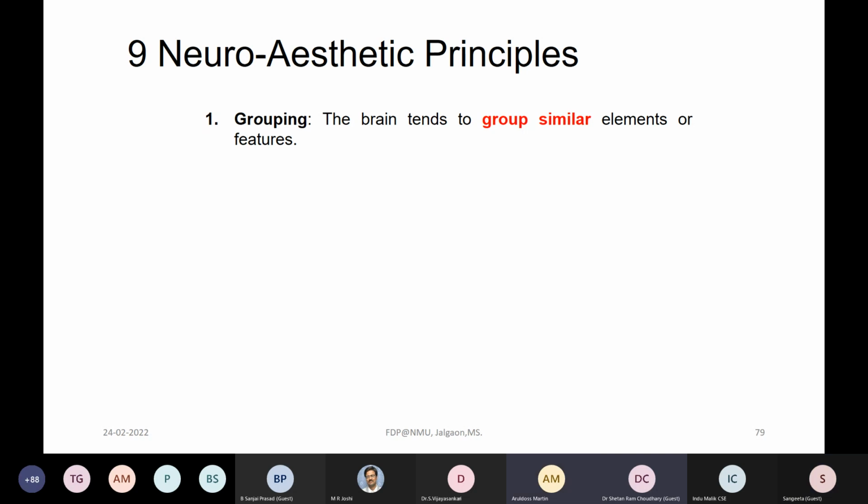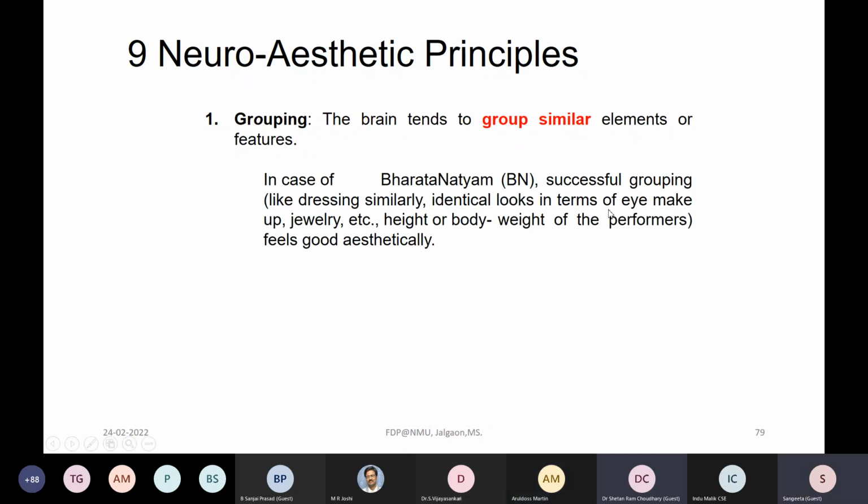Actually, mostly while they are performing, they'll be showing the same kind of position. Maybe we can group according to where they are standing or according to the eye movement. Yes, correct. So in Bharatanatyam, successful grouping means dressing similarly, identical looks in terms of eye makeup and jewelry.